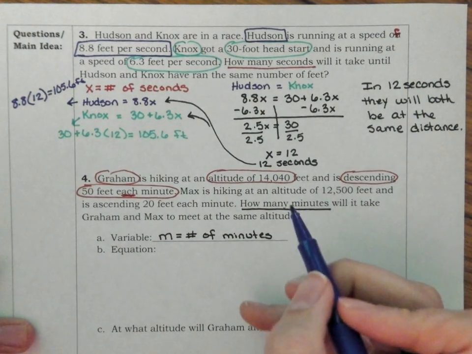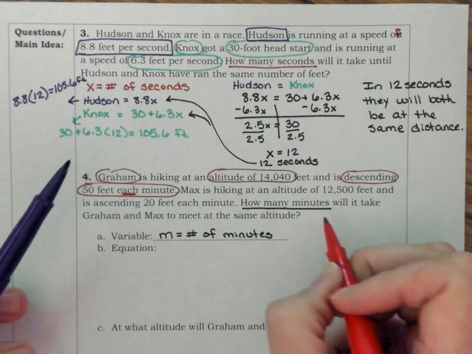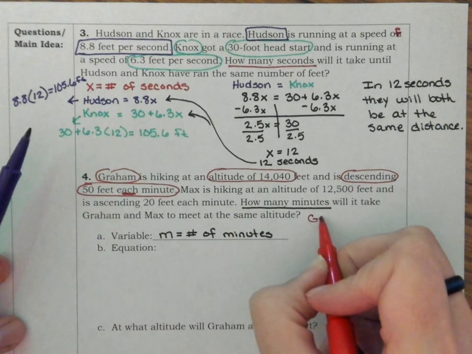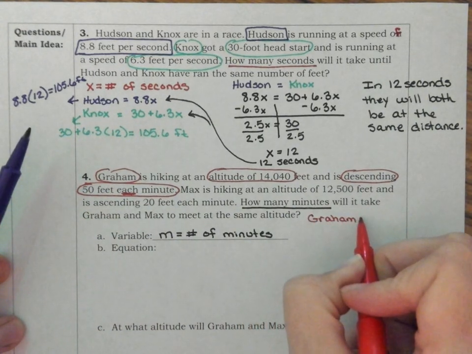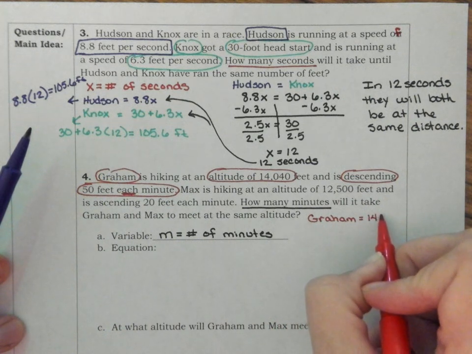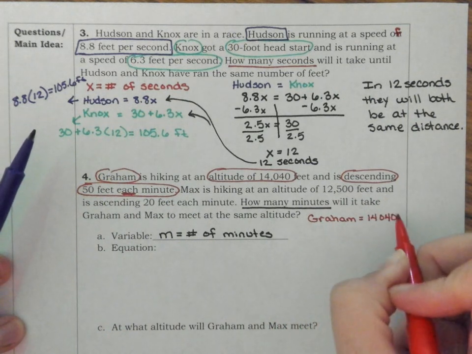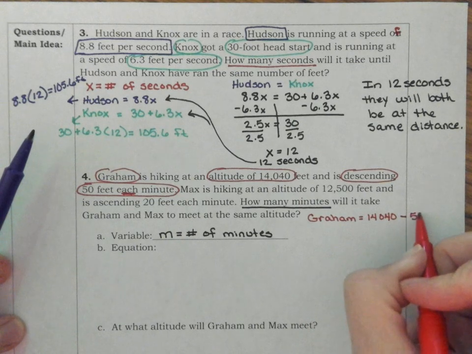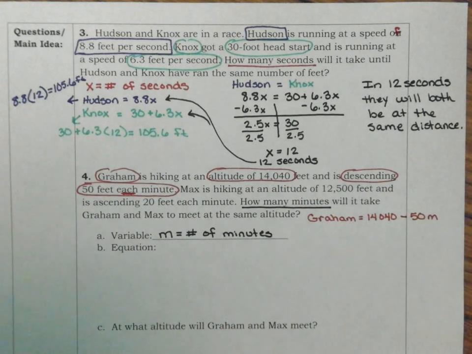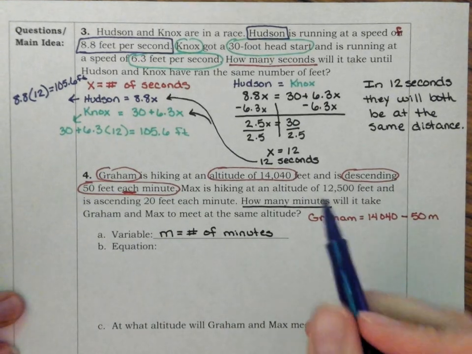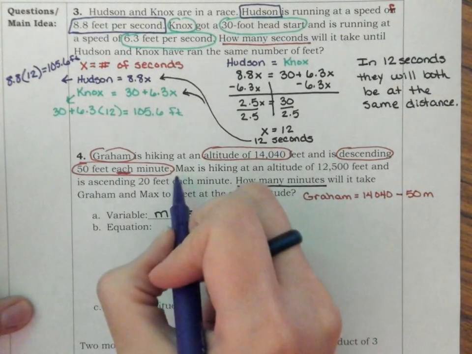Okay. And so if I were to write out an equation for Graham, it would be 14,040 minus 50m. Okay, now we can talk about Max.